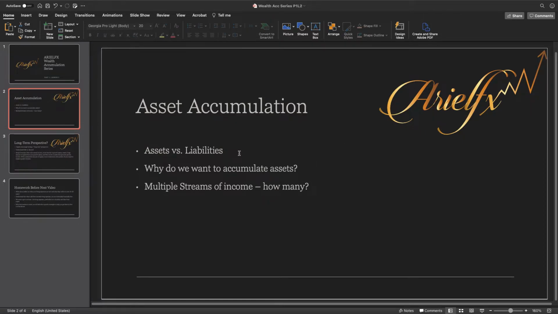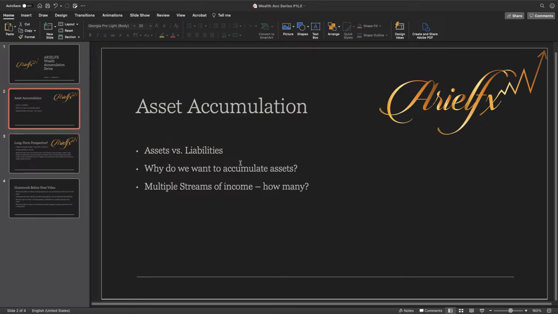Obviously, in the last lesson we talked about working a job and how it's not necessarily a bad thing as long as we have the proper mindset. Part of that is understanding the difference between assets and liabilities.